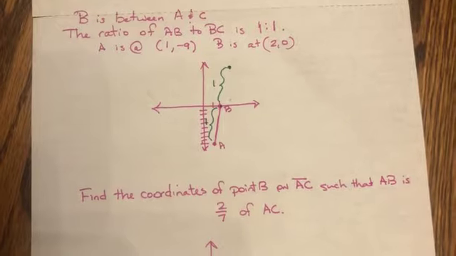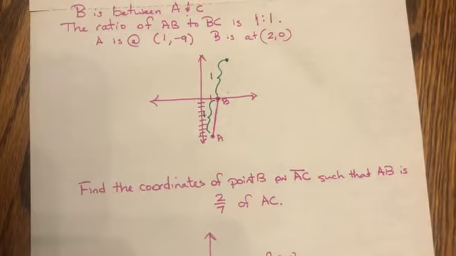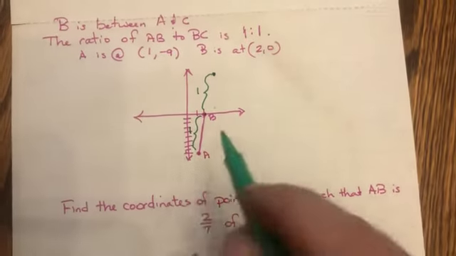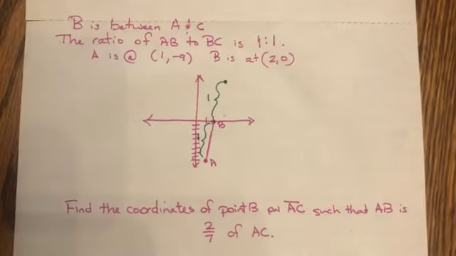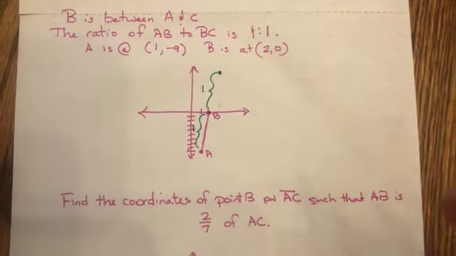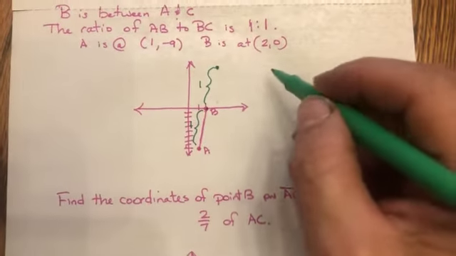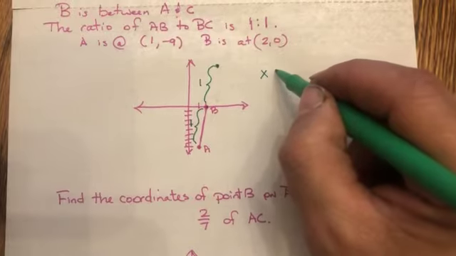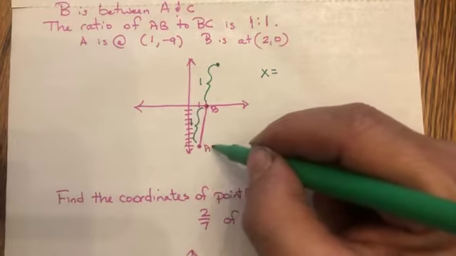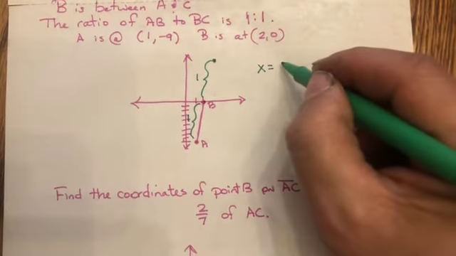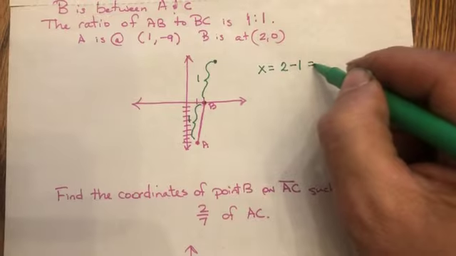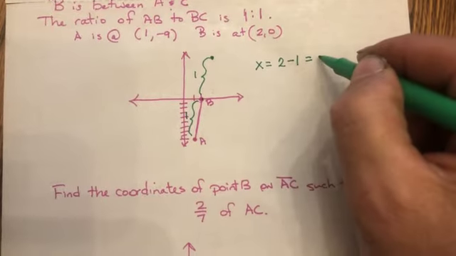To get those lengths, we're going to create triangles. Little trigonometry again. We're going to create triangles, and we're going to do it by looking at the horizontal and vertical change between points A and point B. So using our idea of distance in the x direction, we're moving from a point that's at 1 to a point that's at 2, or we're going from 2 back to 1. So our distance in the horizontal direction is going to be 1.